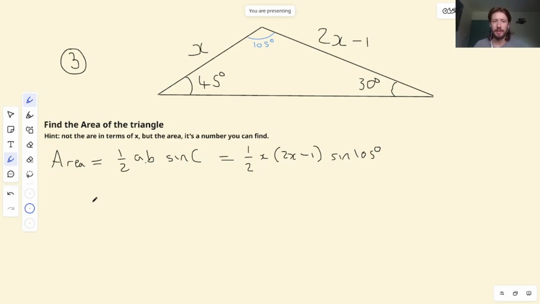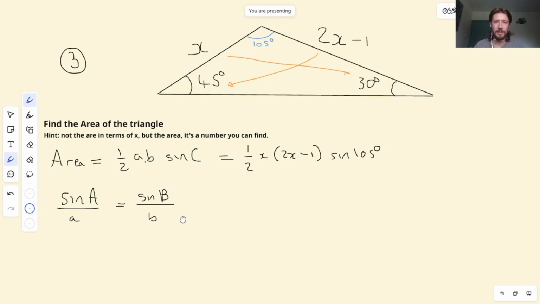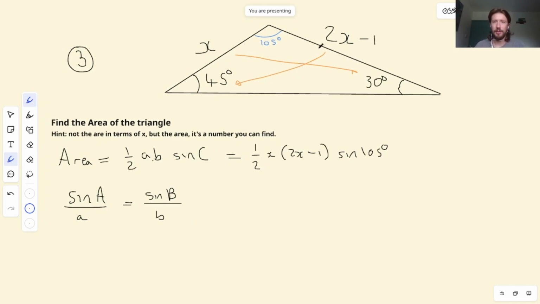So how are we going to find x? Well, the trick is to notice that we have two sets of opposite angles and sides, and so we can use the sine rule. So the sine rule will say that sine of A over A is equal to sine B over B. And now we can just fill in the two values.